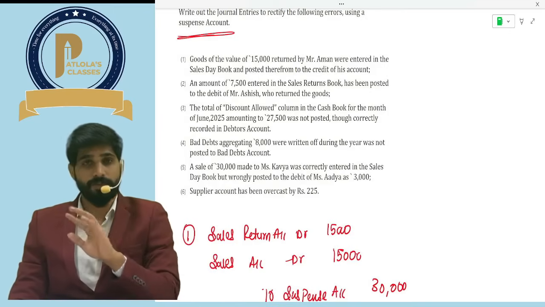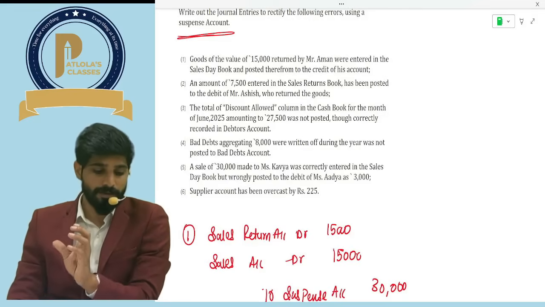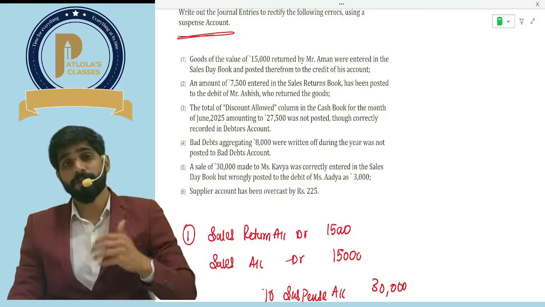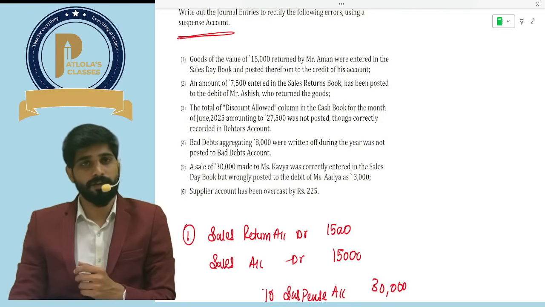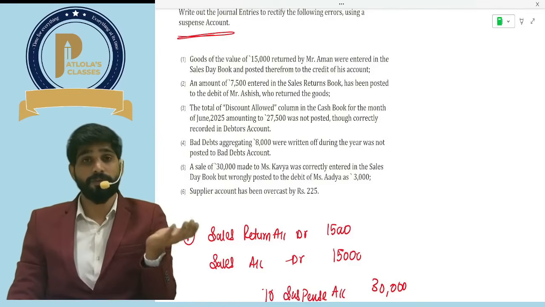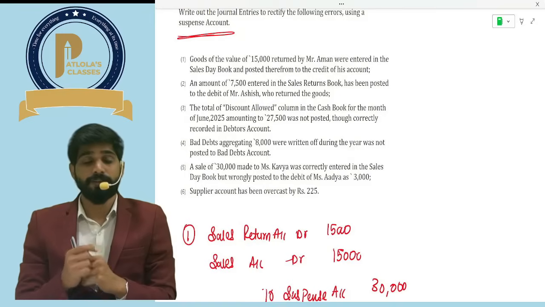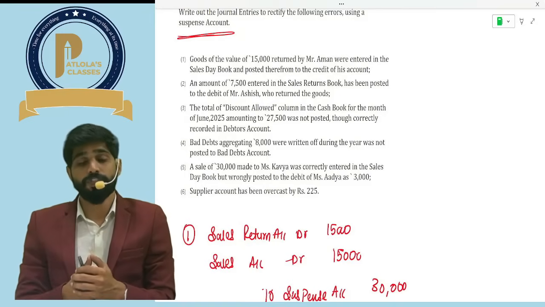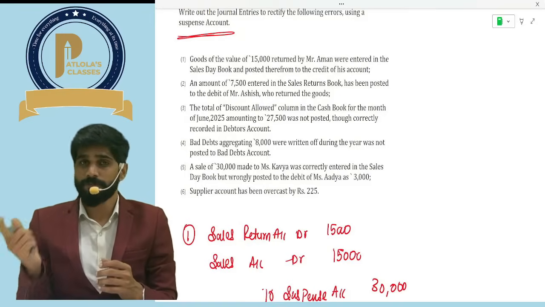Once again, your trial balance will not tally on the credit side, not by 7,500 but by 15,000. Why 15,000 is because once you have not taken on the credit side, and another is you have taken more on the debit side. So trial balance credit side 15,000 will be missing, which we will put it to suspense. So suspense is having a credit balance of 15,000.